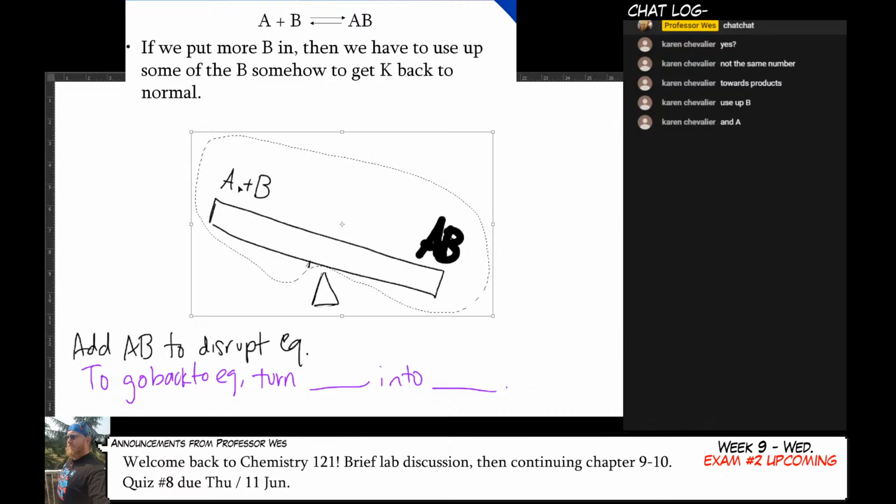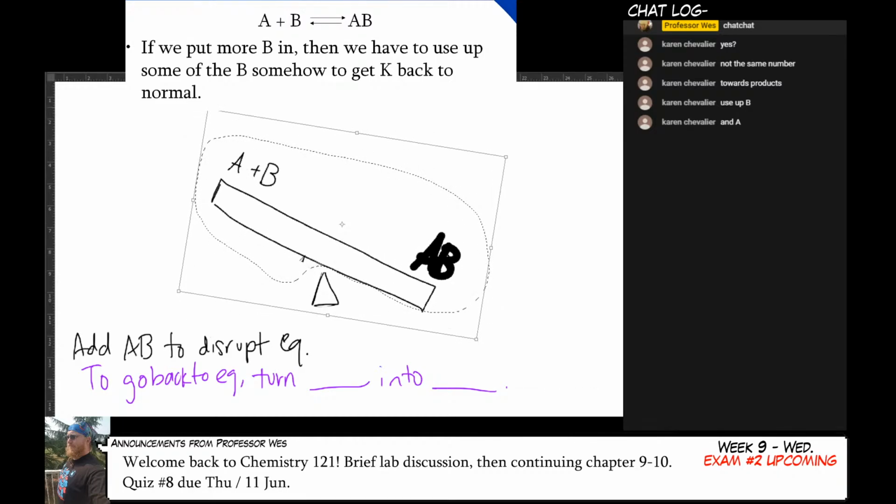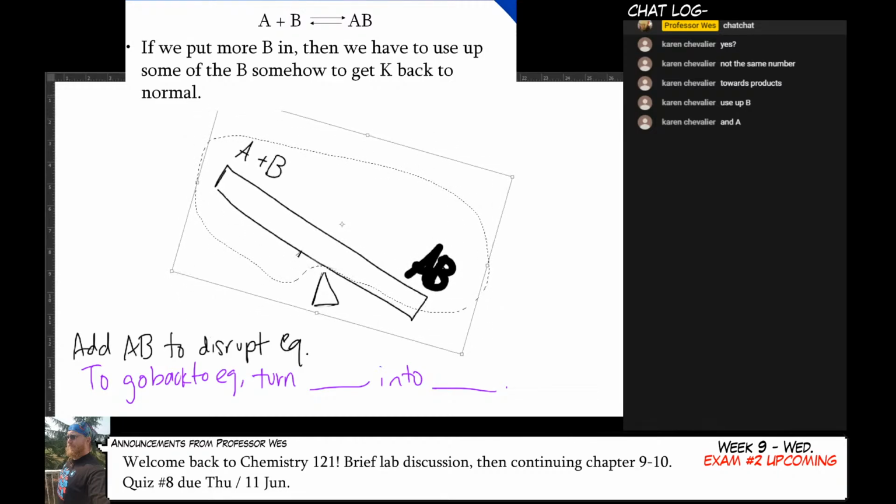So if I use up A and B, and I make more AB, then the AB side goes like this, right? Am I getting back to equilibrium by using up A and B? I gotta level them back out, right? So what should I do instead?